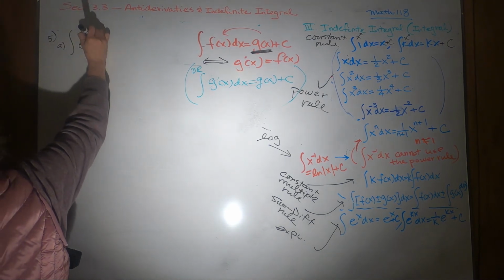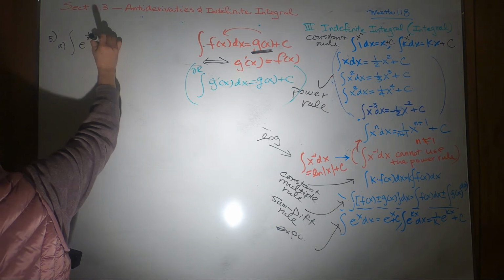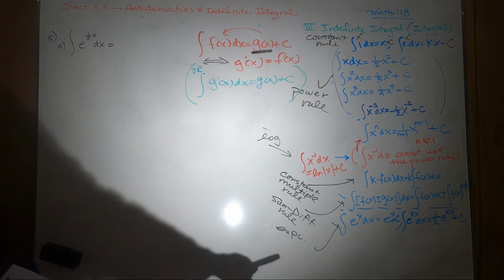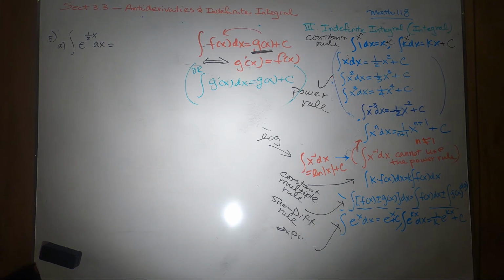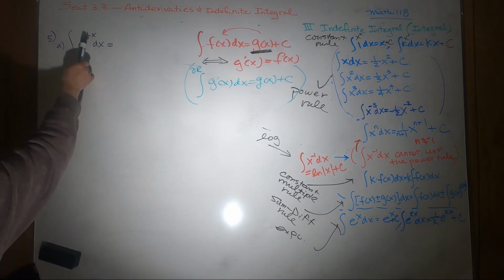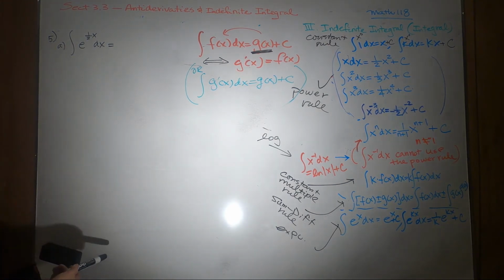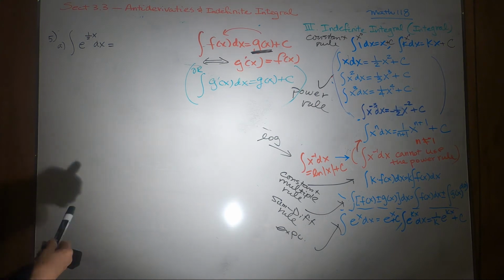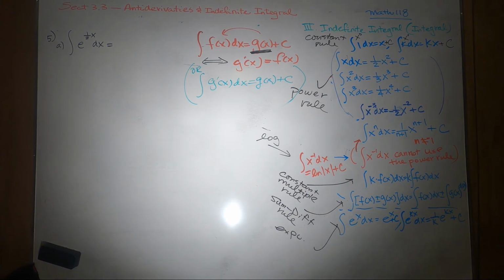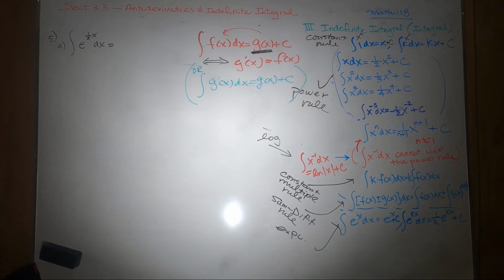If I have an exponential function like this, right? We said for the derivative, e to the x power is e to the x power. But if the power is not just x, then you need to do the chain rule. It was multiply the k outside for the derivative. For the antiderivative, you do the opposite, you divide by k.